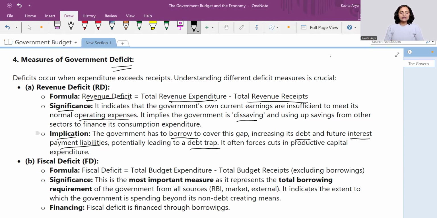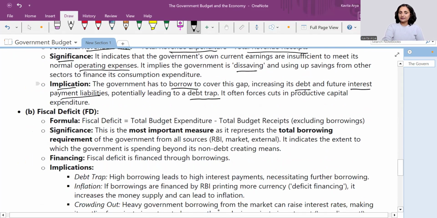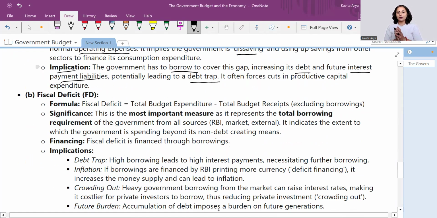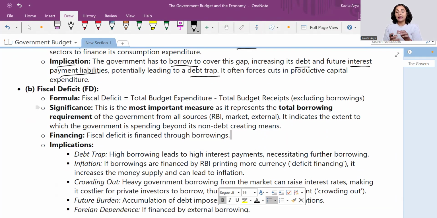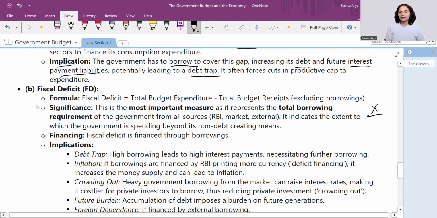Now the second is the fiscal deficit. And when I say the fiscal deficit, this is the most important because it gives you an overall picture. As revenue talks about only one side, right? The routine expenses and incomes, but fiscal deficit gives you the comprehensive picture. Let me give you some example for an individual, then we'll switch to the government. For example, if I'm talking about a person X, right?